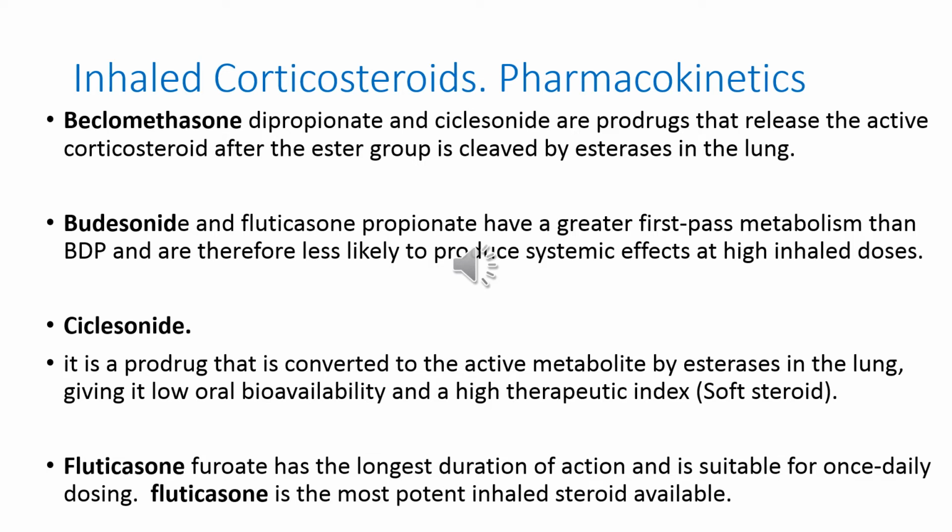Ciclesonide is a prodrug that is converted to the active metabolite by esterases in the lung, giving it a low oral bioavailability and a high therapeutic index, a soft steroid. Fluticasone has the longest duration of action and is suitable for once daily dosing. Fluticasone is the most potent inhaled steroid available.